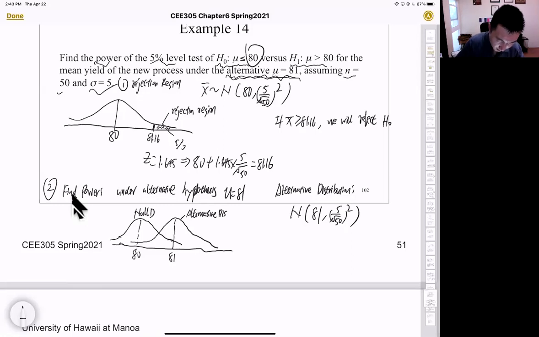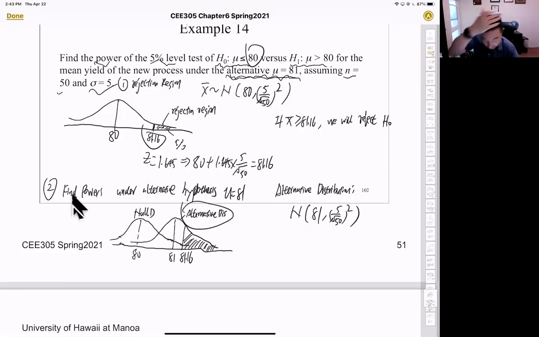Under the alternative distribution, the rejection value will be 81.16, so values larger than 81.16 will be rejected, as we discussed. Our goal is to calculate the probability beyond 81.16 under the alternative distribution.